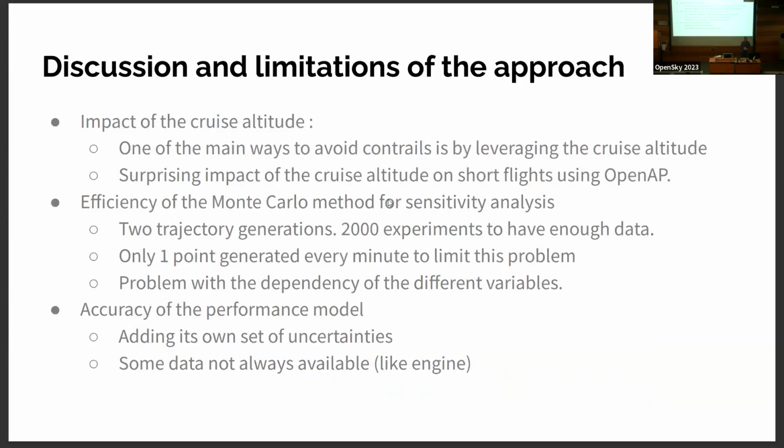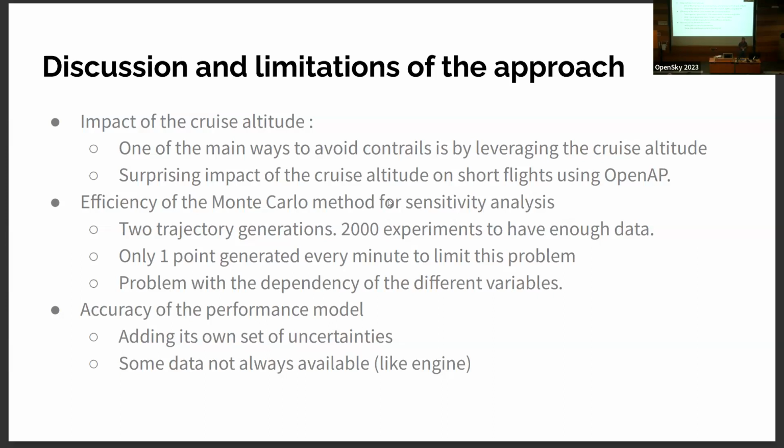So we can discuss; there are a lot of limitations of this approach. There is a lot to discuss. So the impact of the cruise altitude: one of the main ways to avoid contrails is by leveraging the cruise altitude. So it would be interesting to check the CO2 impact and the non-CO2 impact, because on the long-range flights, we saw that the cruise altitude had the most impact on the fuel consumption, but also the CO2 emission.